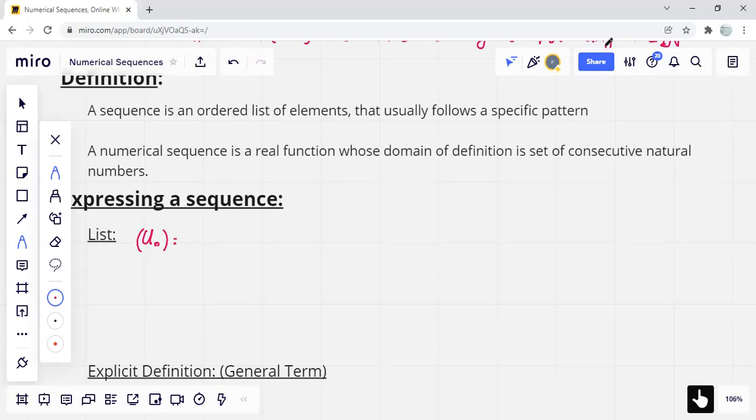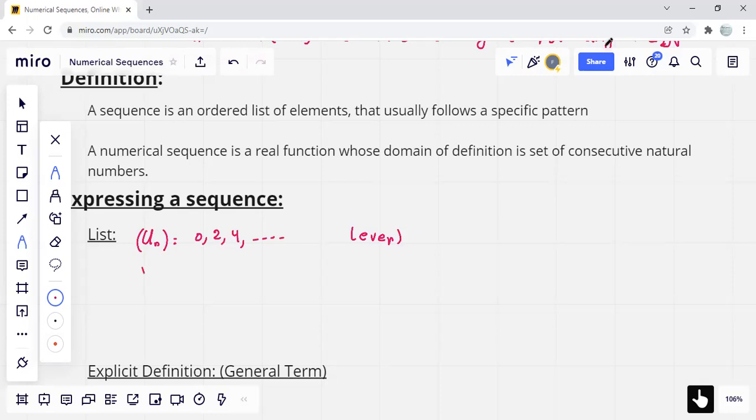So we can name un as 0, 2, 4, like 6, 8, and this is the set of what? Of even numbers. In listing definition, we have to write at least 3 terms to know what the sequence is.